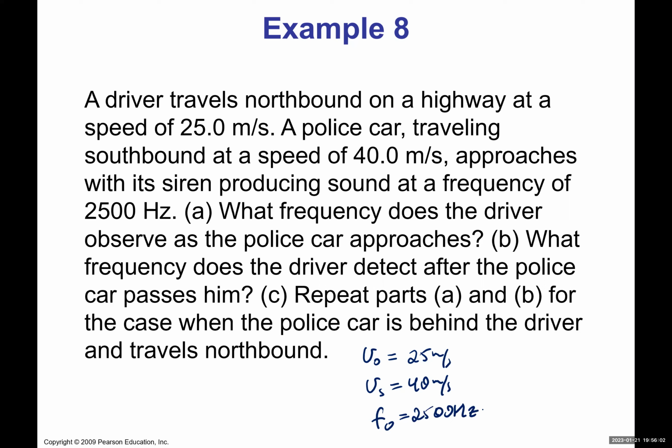Now, part A is asking what frequency does the driver observe as the police car approaches. Because we know that the driver travels northbound and the police car southbound, they're approaching one another. So we can use that information to calculate the apparent frequency heard by the driver.